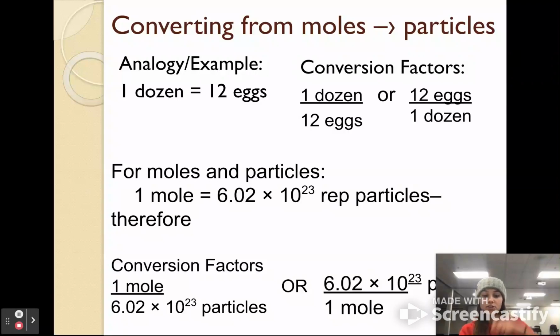My conversion factors will be 1 mole divided by 6.02 times 10 to the 23rd, or 6.02 times 10 to the 23rd over 1 mole. You can write it either way. They are equivalent. So I'll give you a second to go ahead and write those down. Feel free to pause the video if you need to and start it back up.